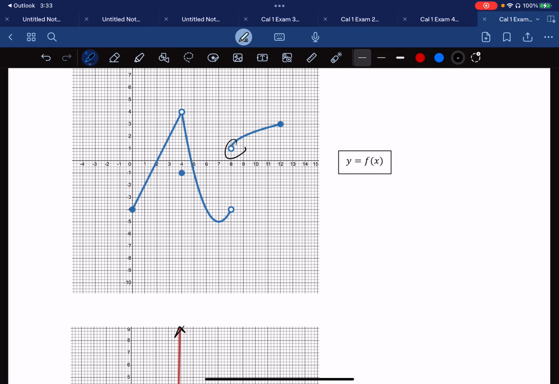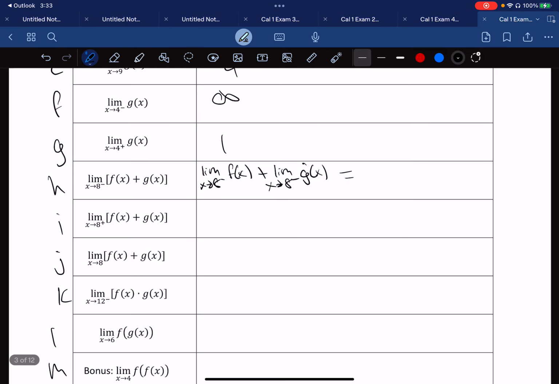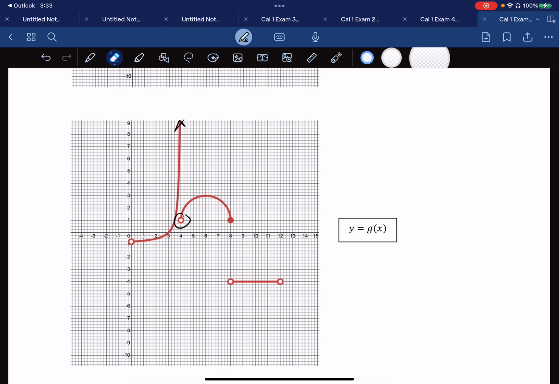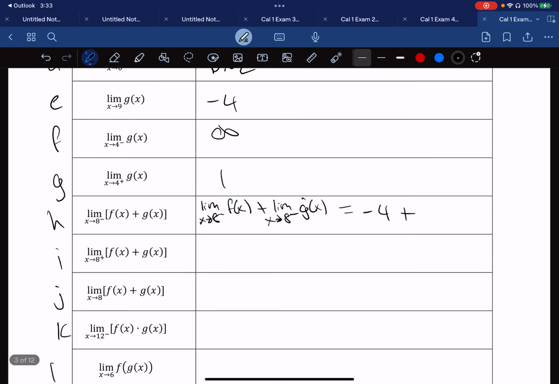When it approaches 8 from the left, it's going to be at -4. So it's going to be -4 plus, and then 8 from the left for g of x, it's going to be 1, right? So your answer here is going to be -3.